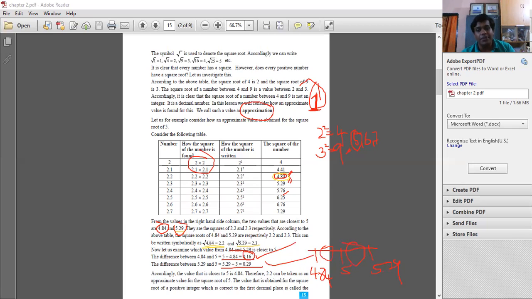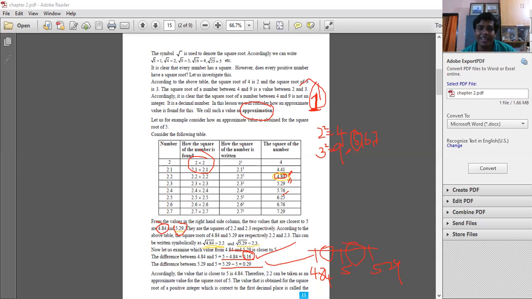Therefore, 2.2 can be taken as an approximate value for the square root of 5. This is something really important. This is where we are not telling the real exact square root of 5. The exact square root of 5, let me show you in the calculator, is 2.236.